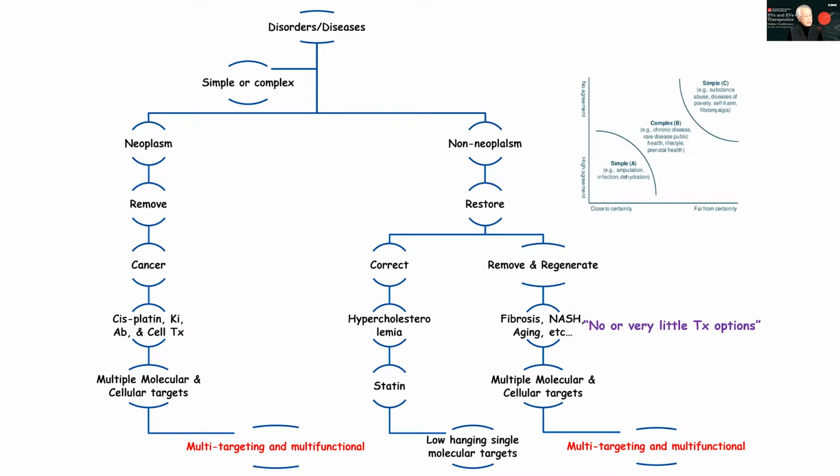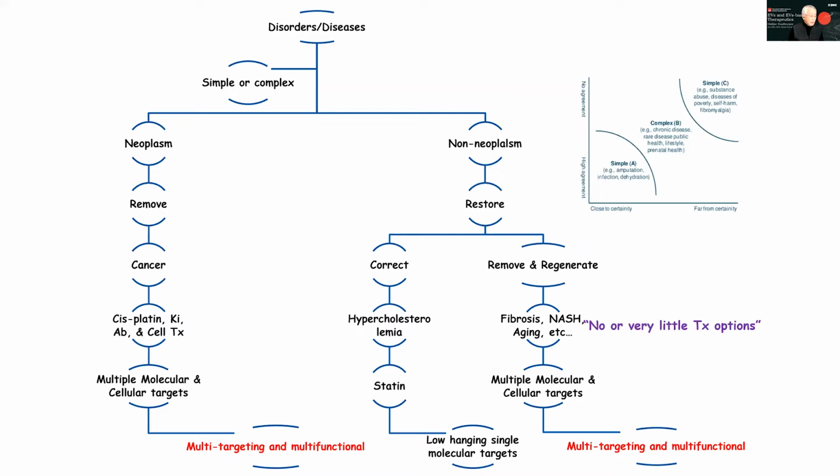The simple disease, here I give you one example, hypercholesterolemia. Of course, this is not as simple as amputation or dehydration, but I think it's relatively simple compared to neoplasm or other complex disease.